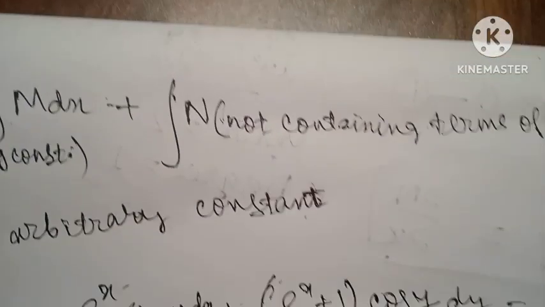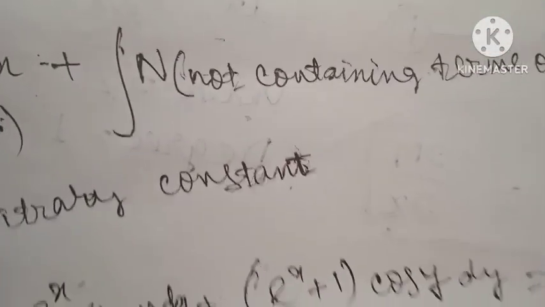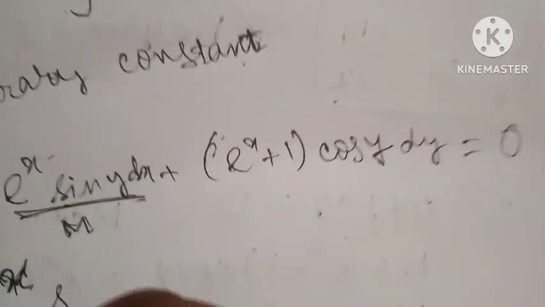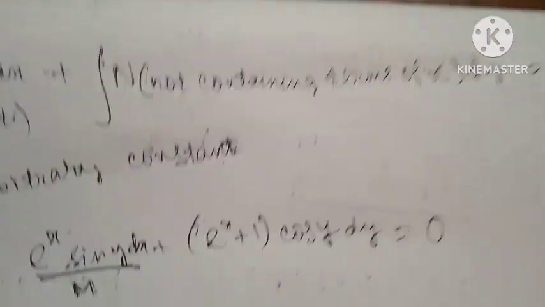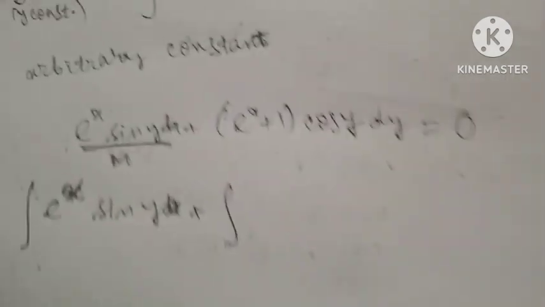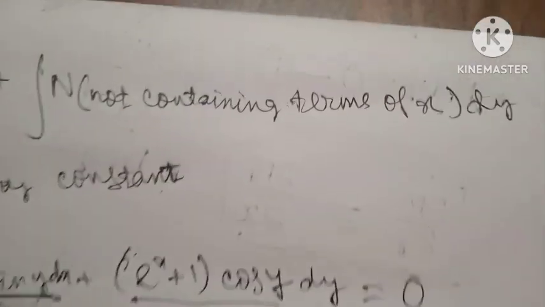So if we apply this formula for solving this equation, we can have integration of e to the power x sin y dx plus integration of N. Here N is (e to the power x plus 1) cos y, but here the condition is N not containing terms of x.